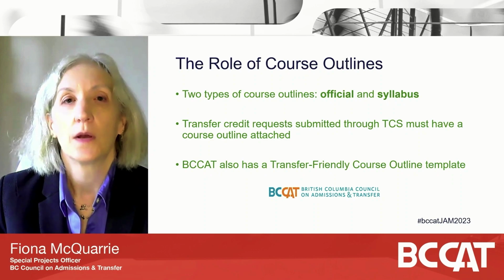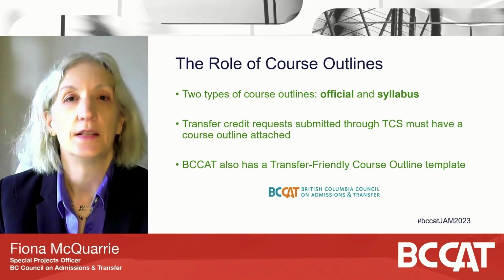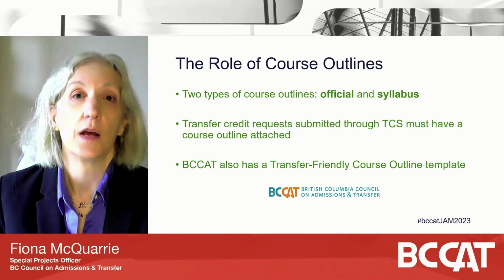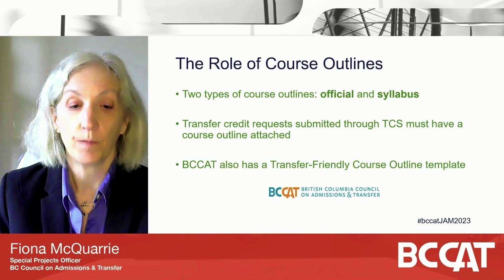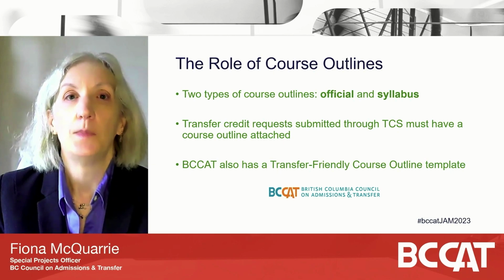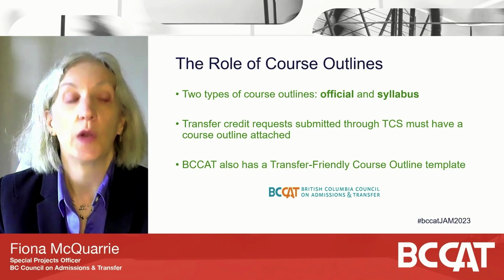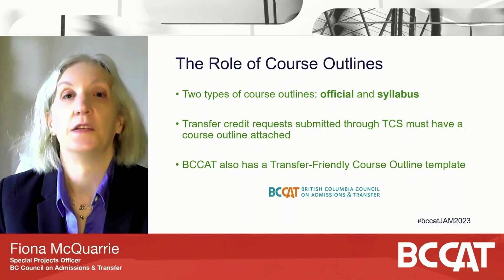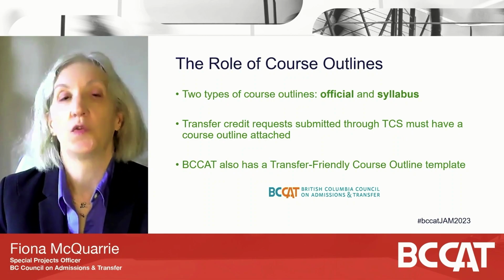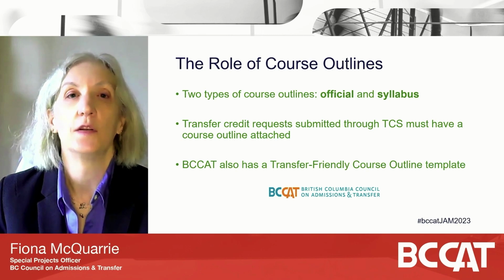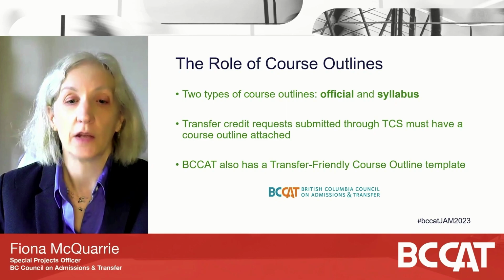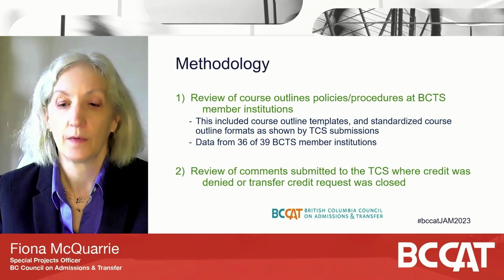When a course request for articulation is sent through the TCS, either the course outline or the syllabus can be sent. In the system, we also have the BCCAT transfer-friendly course outline template. This was created in 2008. It hasn't been revised since then, but it's still very useful in identifying the most relevant elements of a course outline that are used in an evaluation for transfer.